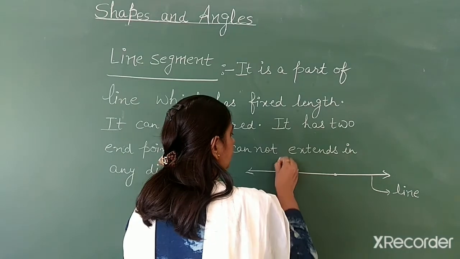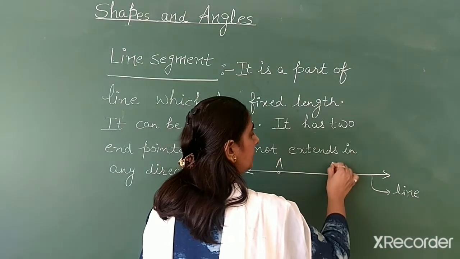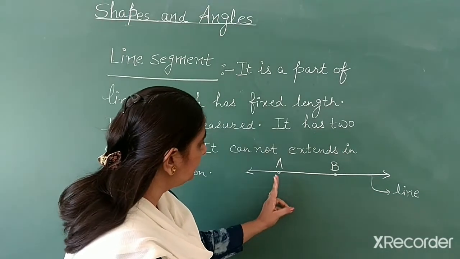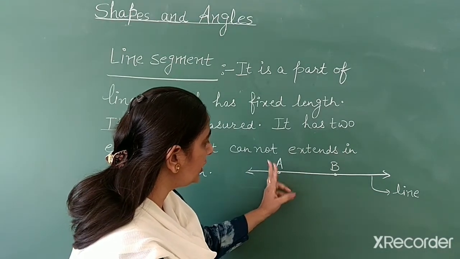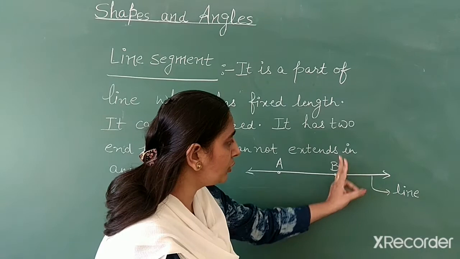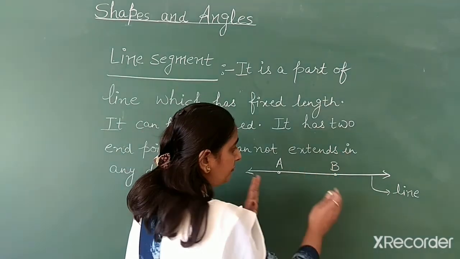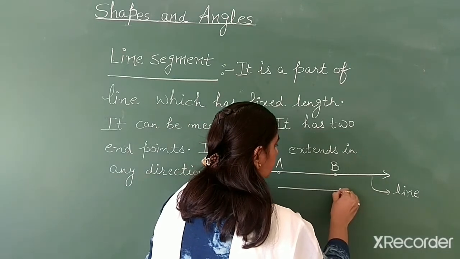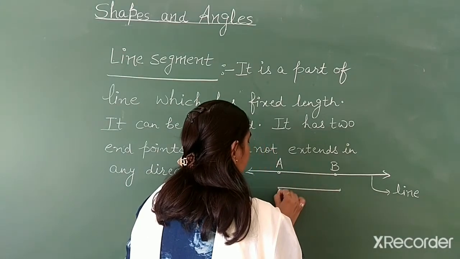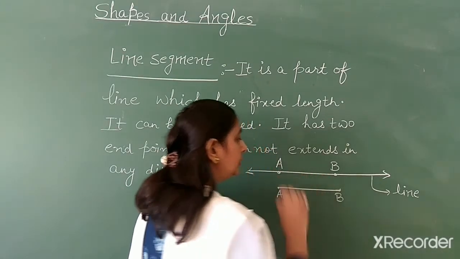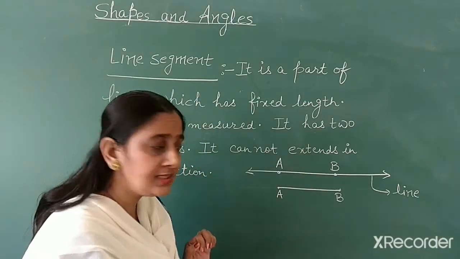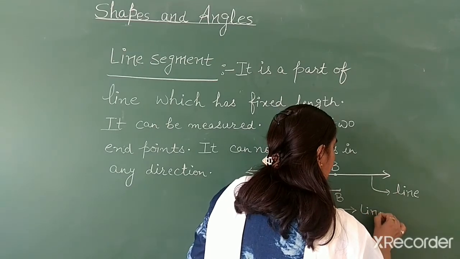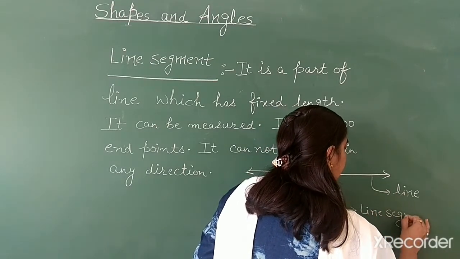Say this is the point A and this is the point B. Now, cut this line from the point A and cut it from the point B also. After cutting it from the points A and B, you will get this kind of shape. Now, this is a line segment.